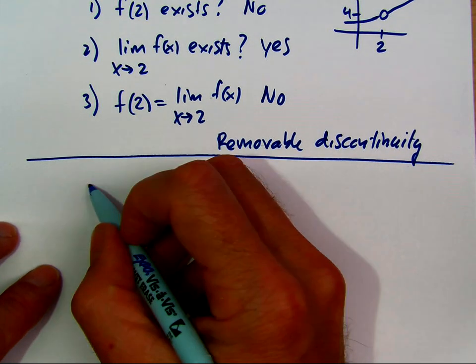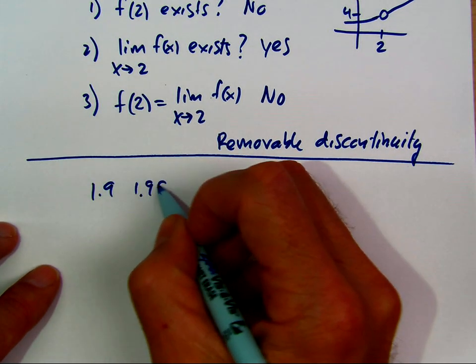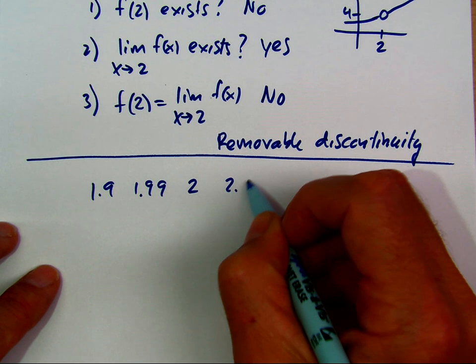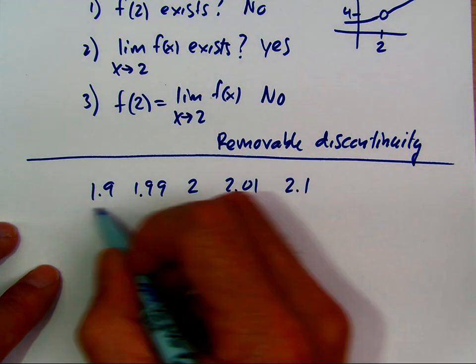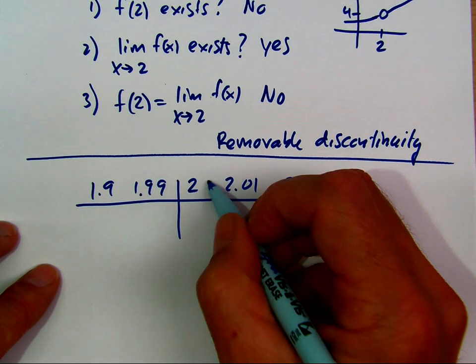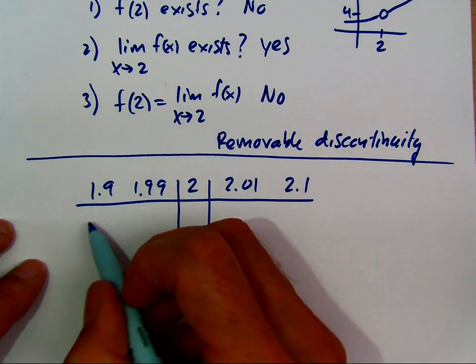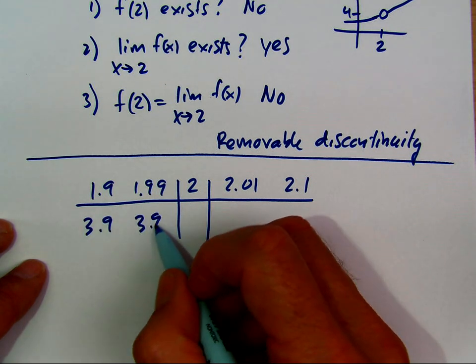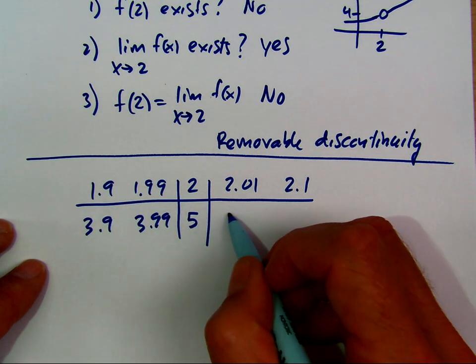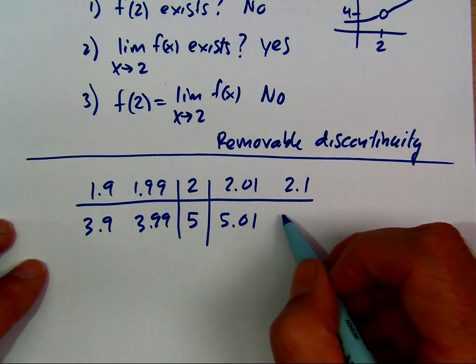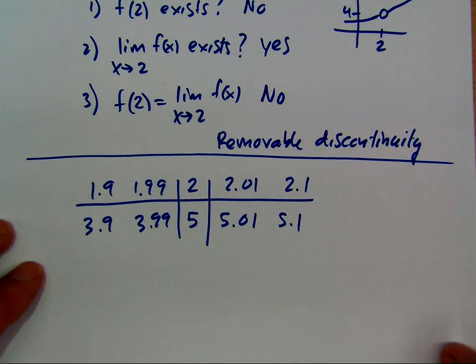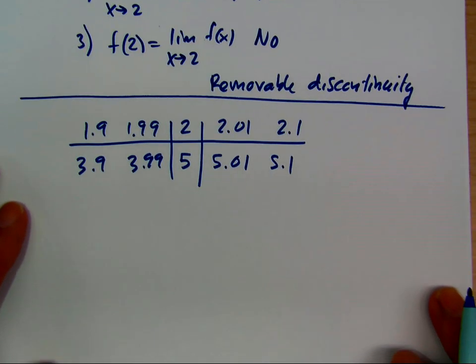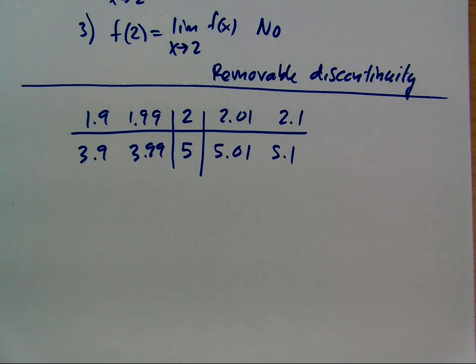Try another one. Okay, do the three steps and see if it's continuous and what kind of discontinuity there might be.